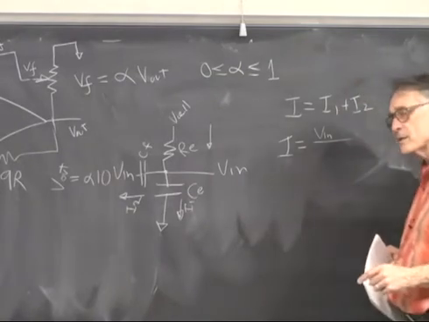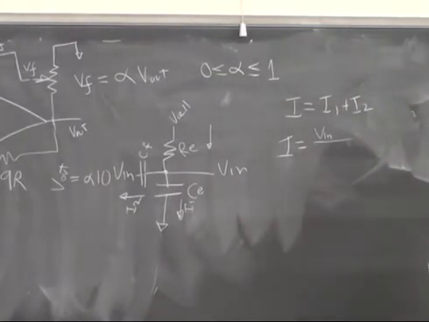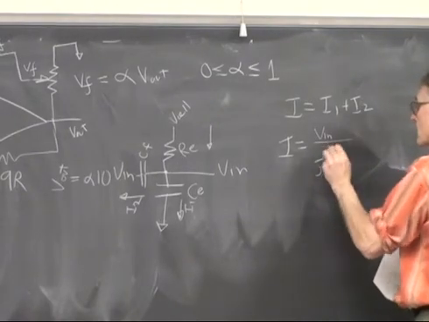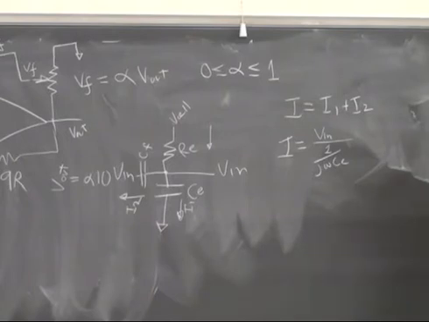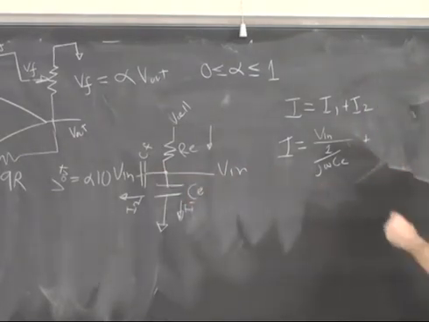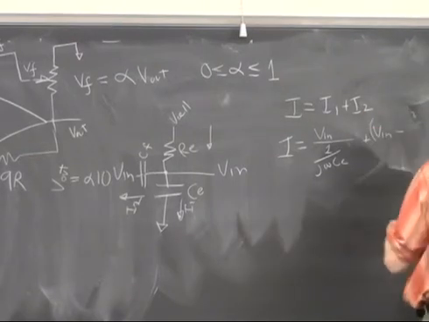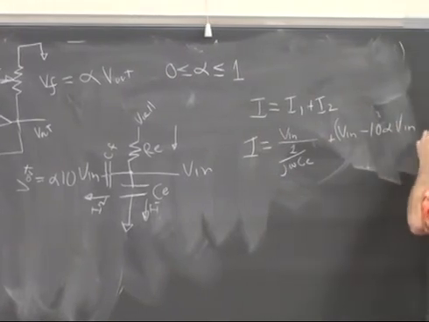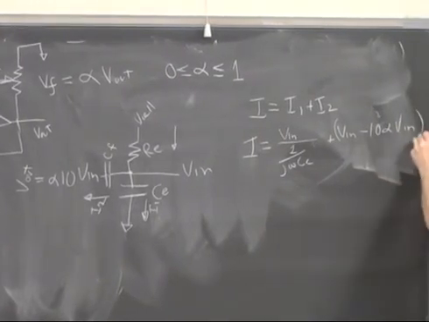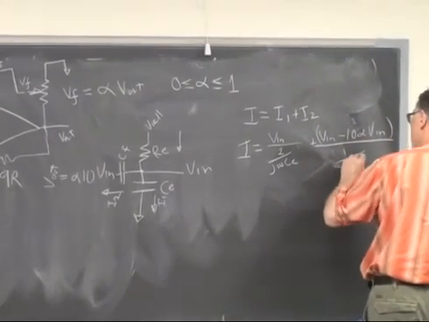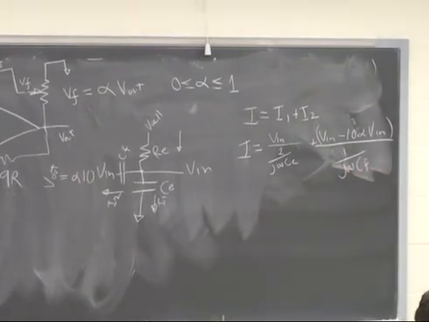The impedance of the capacitor is 1 over j omega CE. Everybody knows that terminology. Plus I2. I2 is flowing out here, so it must be V in minus 10 alpha V in over 1 over j omega CF.